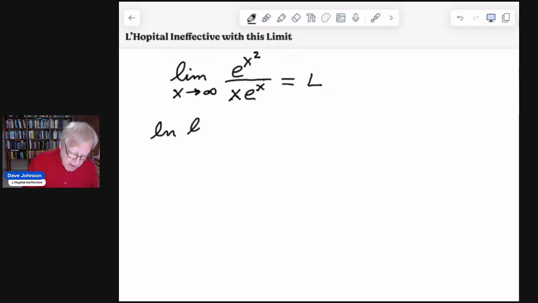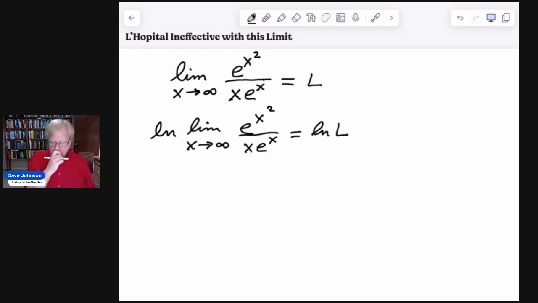So ln of the limit as x approaches infinity of e to the x squared divided by x e to the x is equal to ln of L. Now, by the way, this problem is just as hard without the x in the denominator. But to spice things up, I think somebody decided to put an x there. It doesn't really change the nature of the problem.